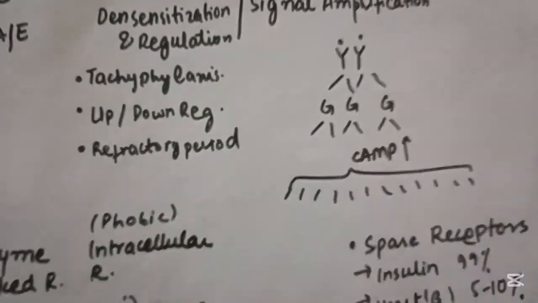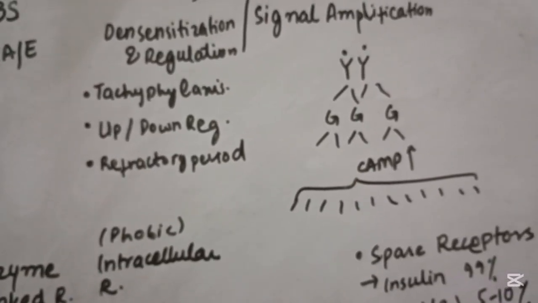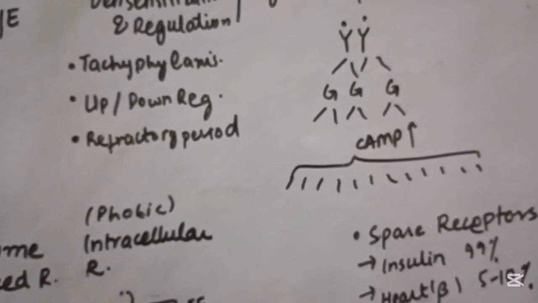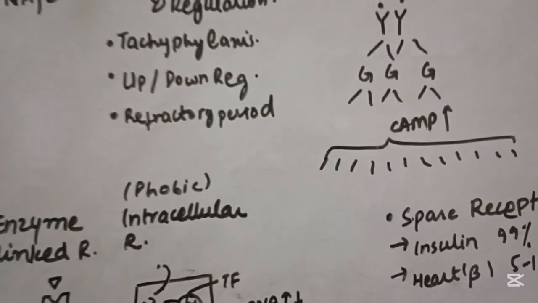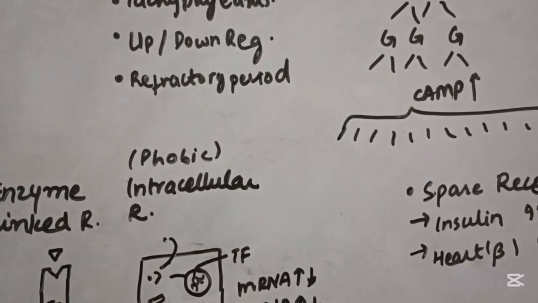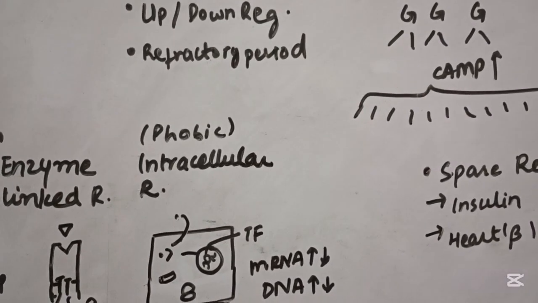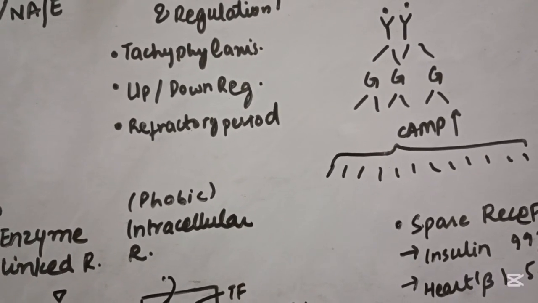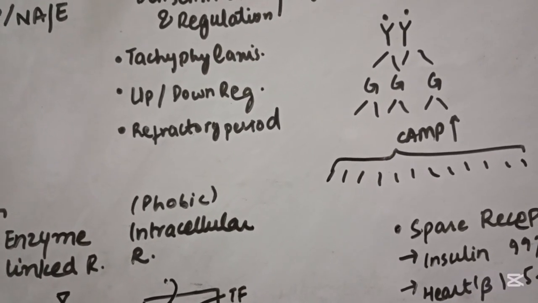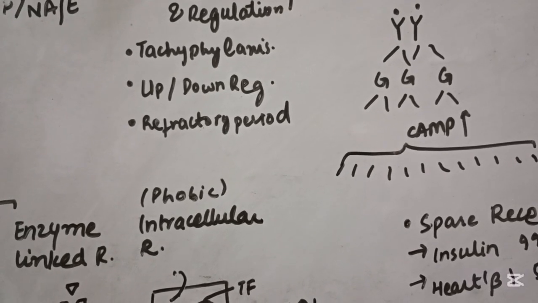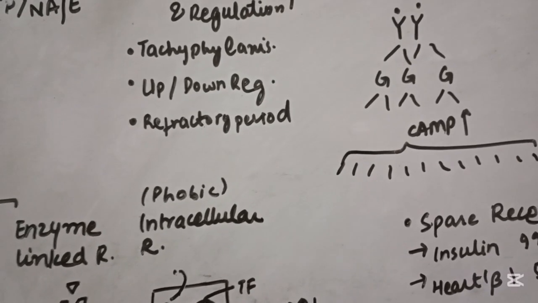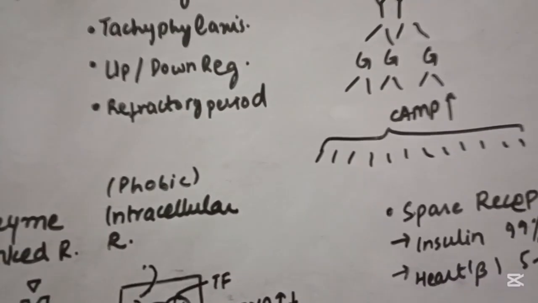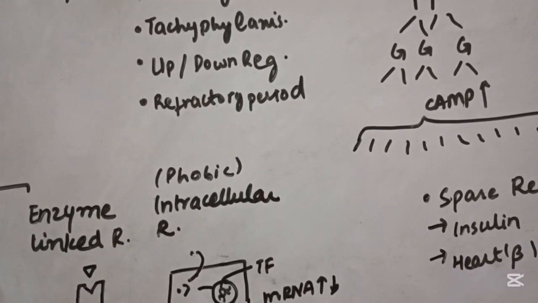Now, two very important concepts here. One is tachyphylaxis. So, what is tachyphylaxis? It is actually desensitization. What is desensitization? Desensitization is that if a particular receptor in the presence of a particular drug or stimulus produces its response, and then it becomes insensitive to that particular drug, then that is known as tachyphylaxis.